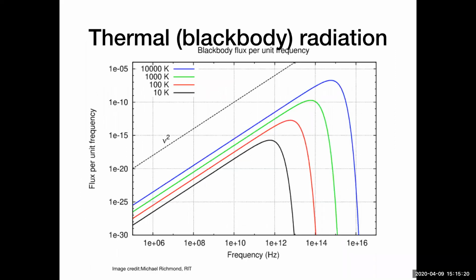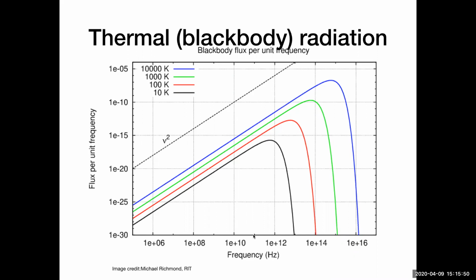So this is a couple of examples of typical black body spectra. And what I wanted to highlight with this is basically how high in frequency you can go and still be in this Rayleigh-Jeans power law limit. And so even at a temperature down around 10 Kelvin, you're in this regime up to about 10^11 hertz, up to about 100 gigahertz, even with a 10 Kelvin black body.